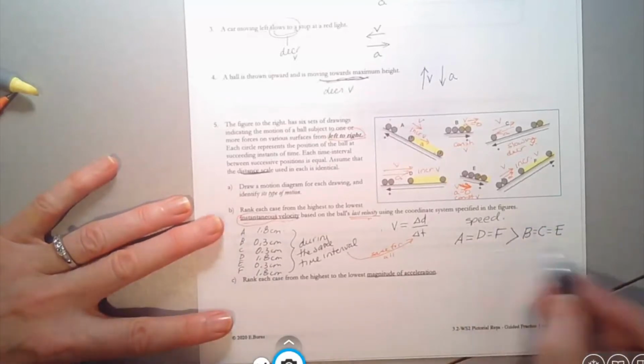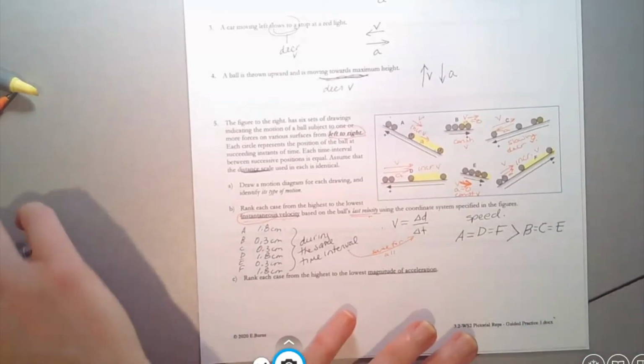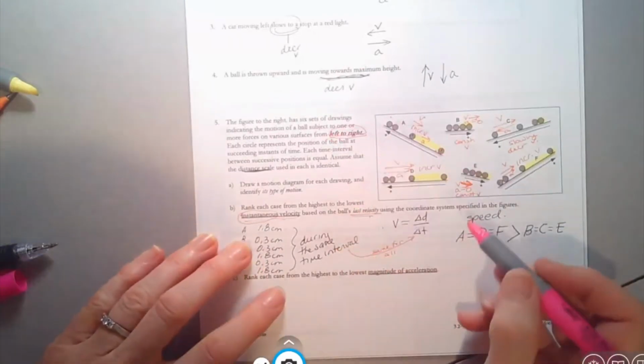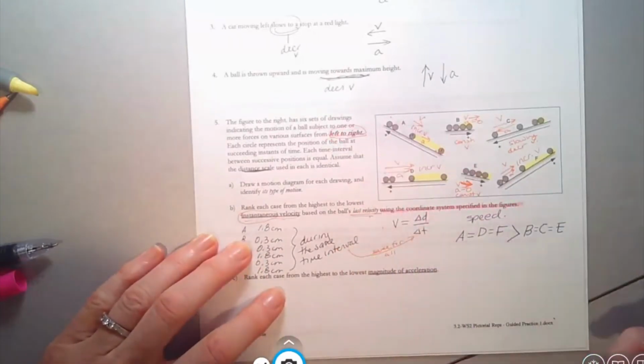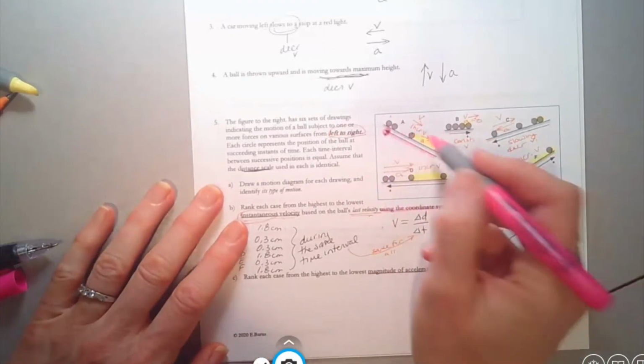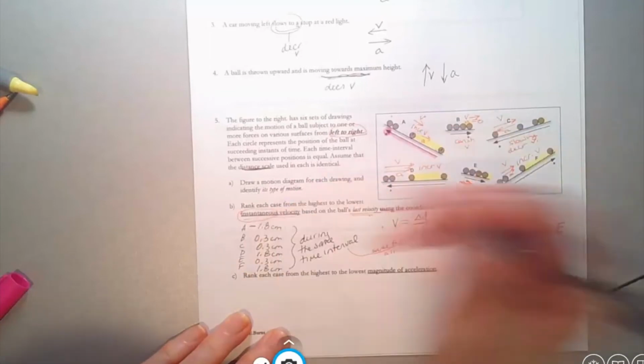Now, whether they're equal or not, we also need to look at the direction. So I kind of neglected this, so I have to go back and do it because I forgot. Okay, honestly. So it said using the coordinate system specified. So look, this one here is moving in the negative direction. So the displacement is actually negative.